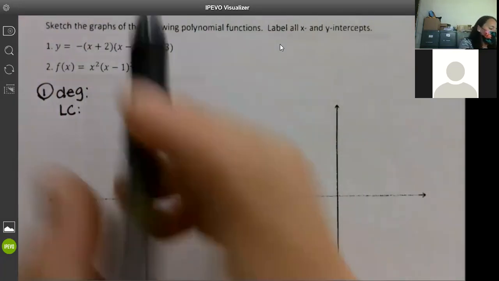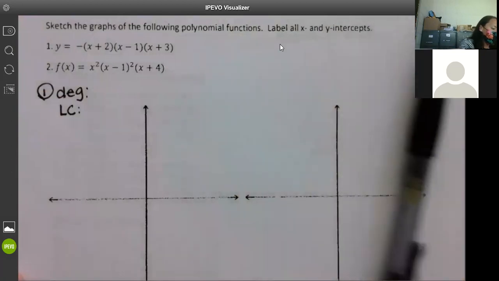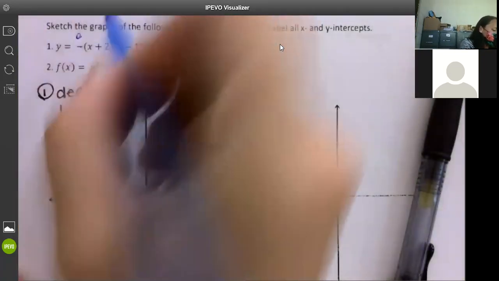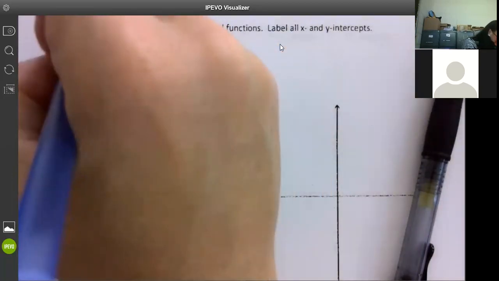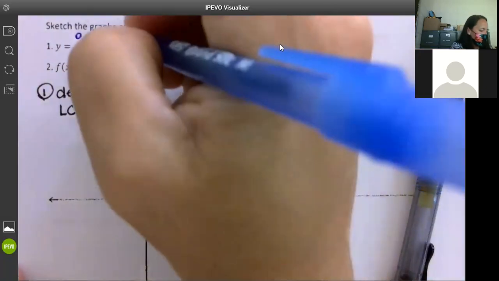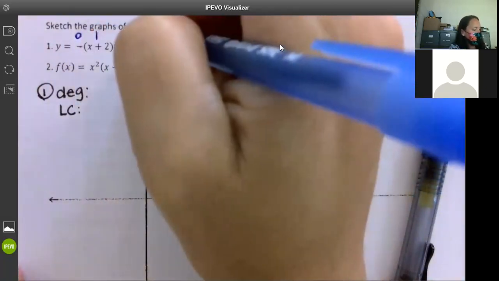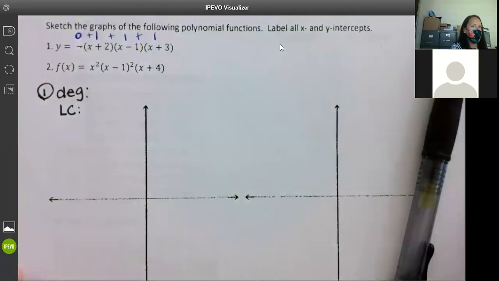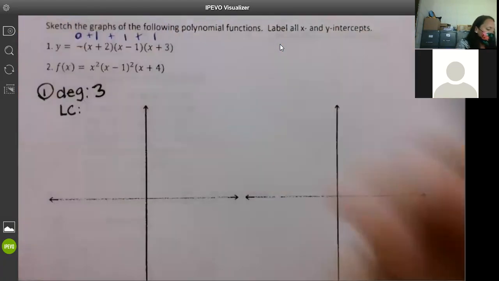What's your degree? What's the degree on the top? What's the degree of -1? What's the degree of x plus 2? 1. What's the degree of x minus 1? What's the degree of x plus 3? We add those together. And our final degree is, what does that tell you? Opposite directions.